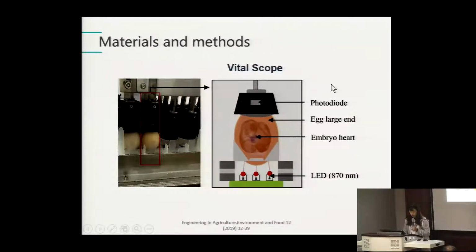They used the NIR sensor called Vital Scope to measure the transmitted light signal of all eggs from incubation day 6 to 19. Eggs were taken out of the incubator every 20 hours to acquire a 9-second transmission signal of each egg.